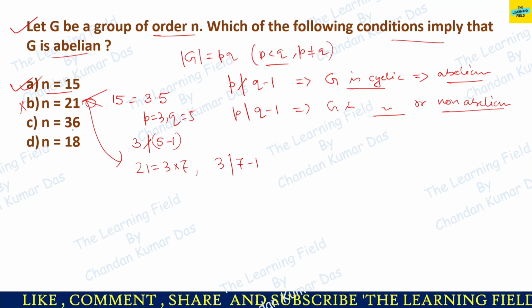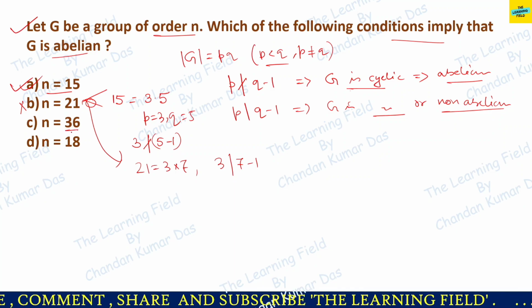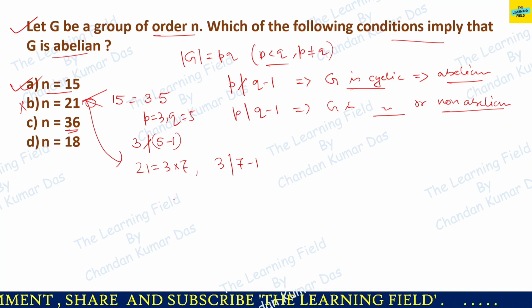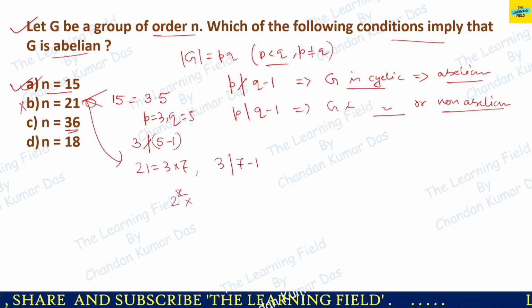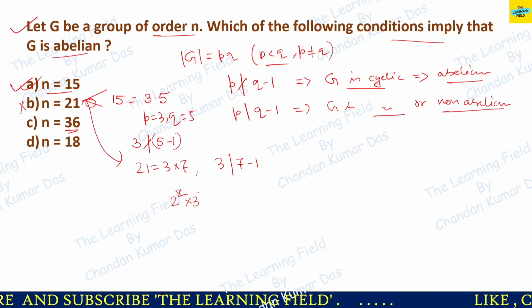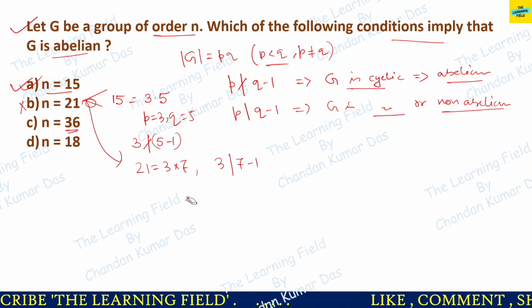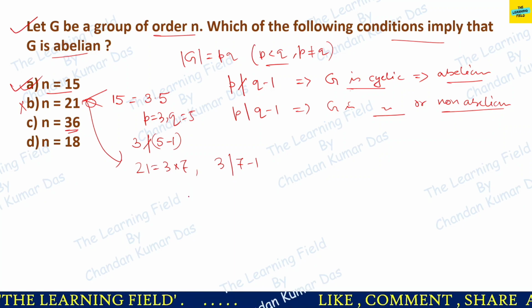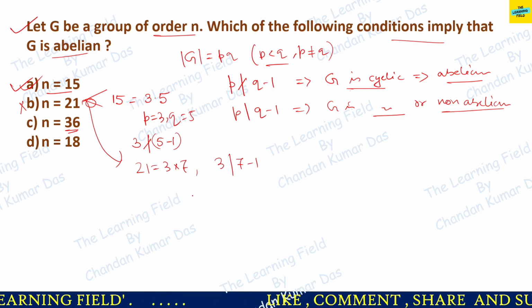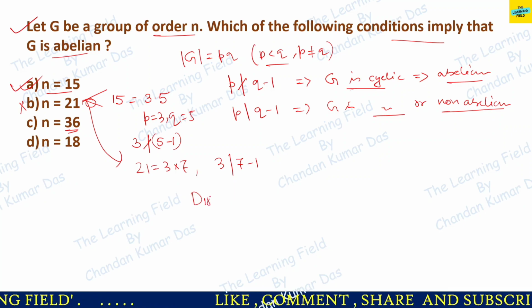Similarly, we can write 36 as 2 square into 3 square. Sorry, a group of order 36 can be D18.